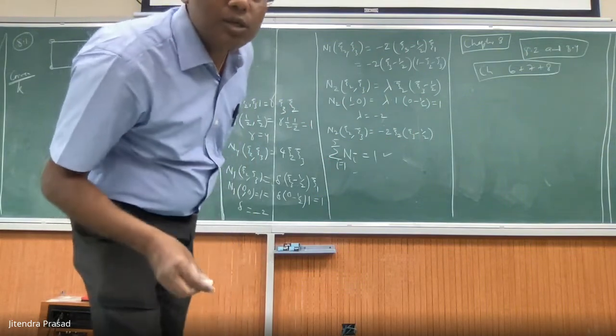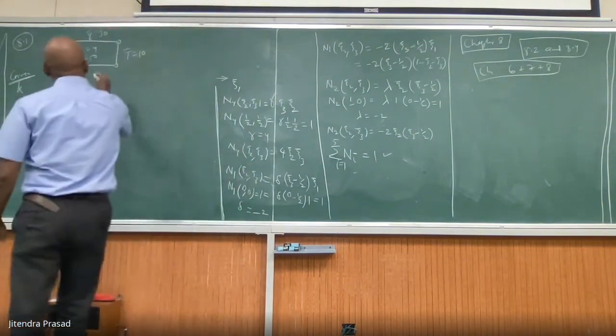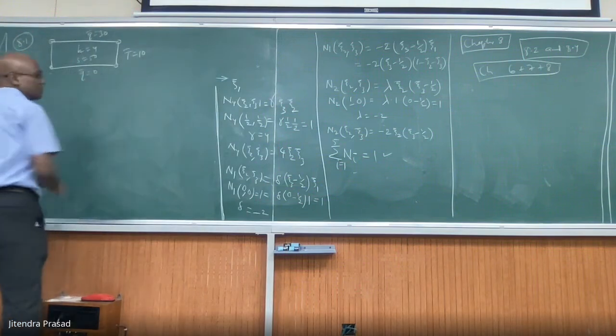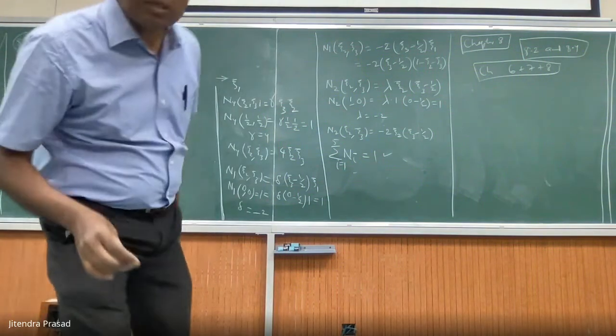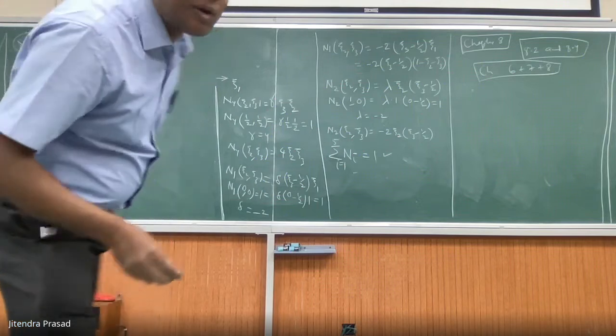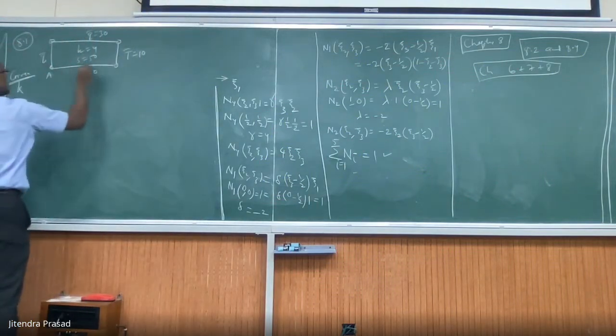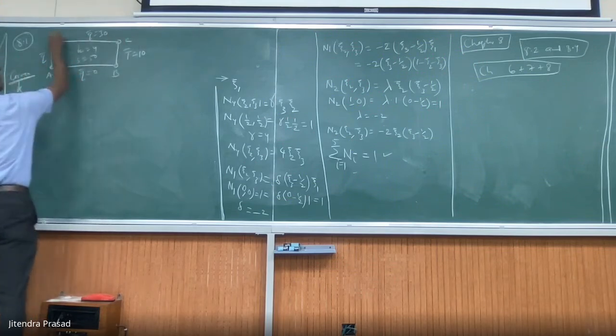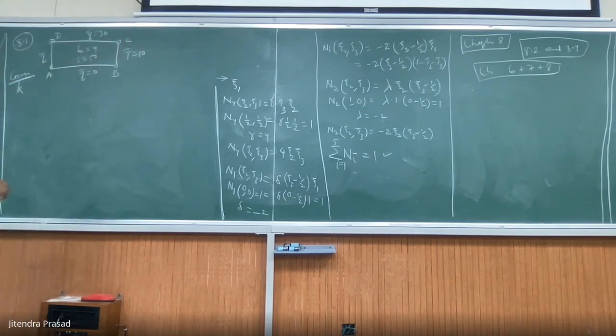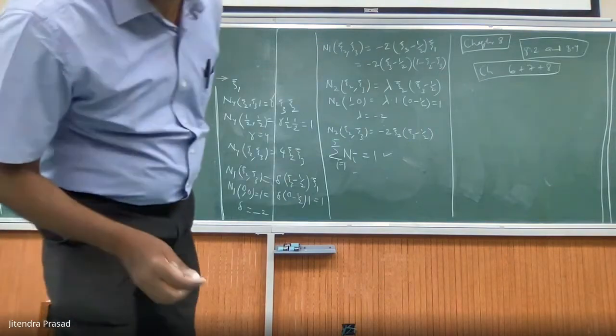On the different boundaries Q bar is different. So Q bar equal to 0 here, so it is insulated, and Q bar equal to 0 at the left side as well. Then you have A, B, C, D given. So this is the problem.